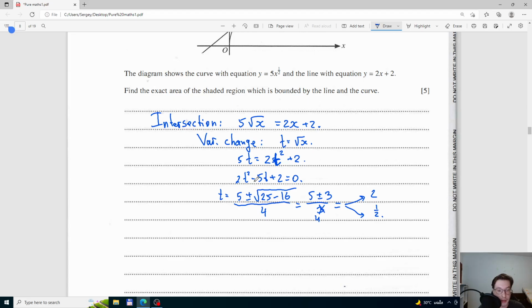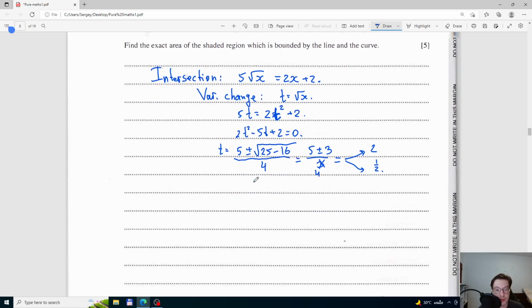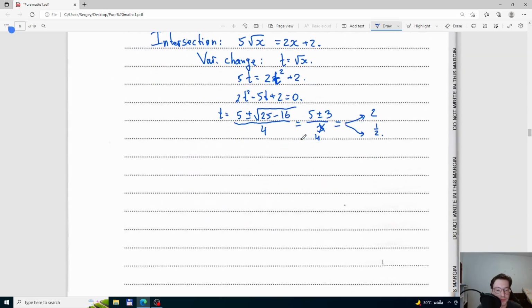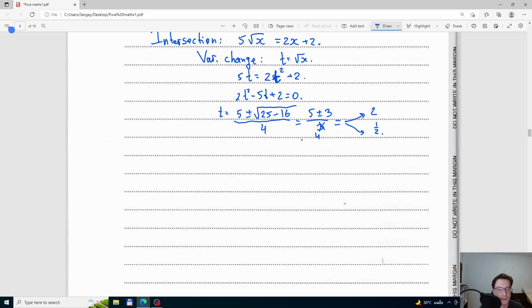Now, for the integration, in order to find the area bounded by the curve, I will have to integrate the upper curve minus the lower one, which is 2x plus 2. Okay, so the integral from... Oh, hold on.